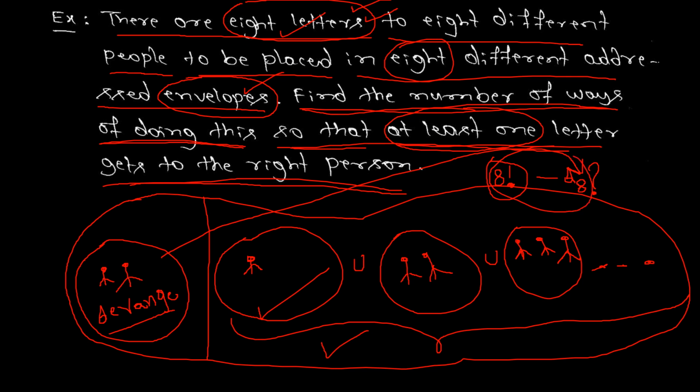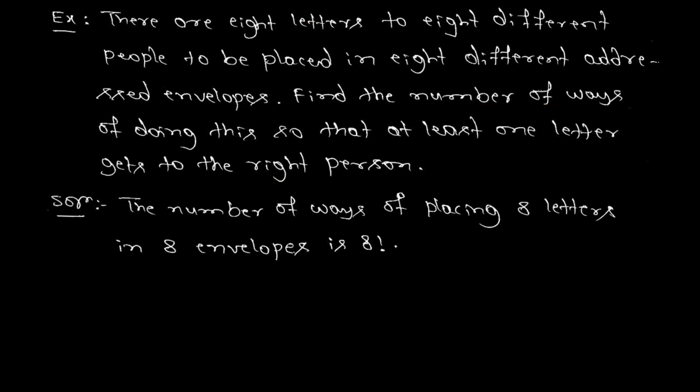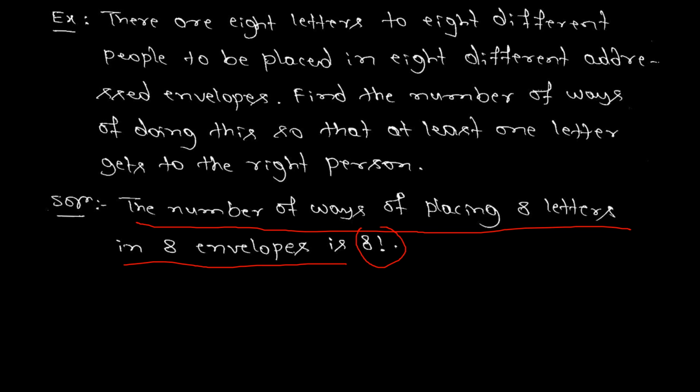Let us go ahead. The number of ways of placing 8 letters in 8 envelopes is 8 factorial. So this is the number of elements in the whole universal set.